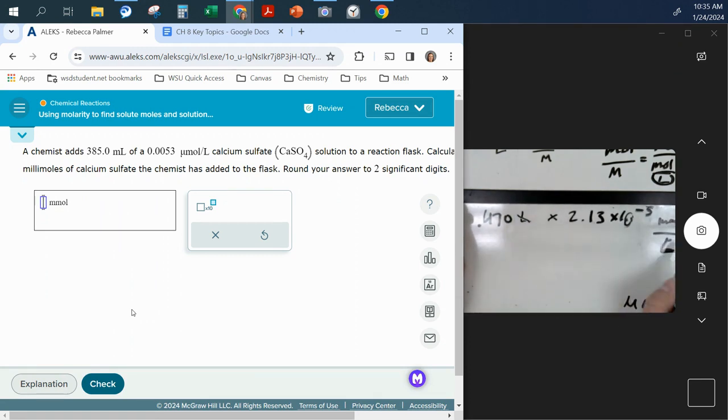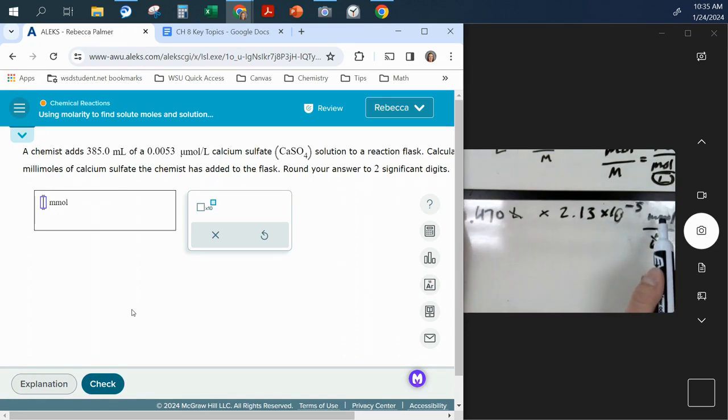And now liters cancels out. Our answer will be in millimoles. And then we can convert that to micromoles. So multiply that, you'll get millimoles. And then move the decimal 1, 2, 3 to the left, or times 10 to the minus 3 for micromoles.